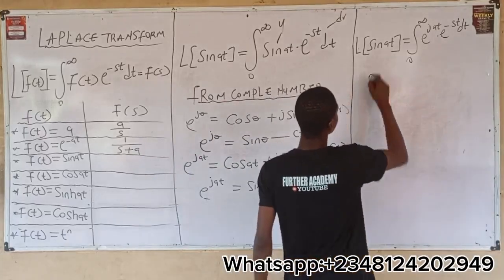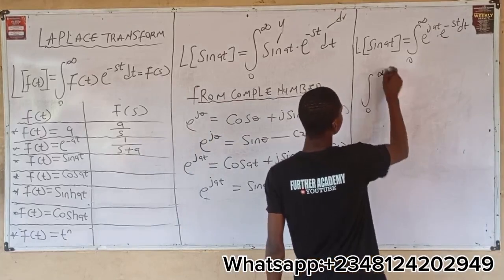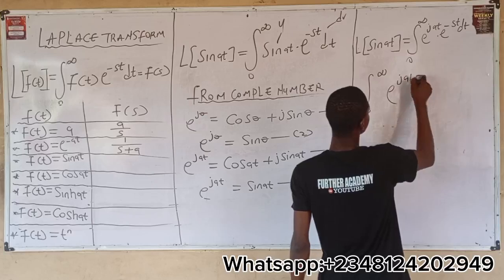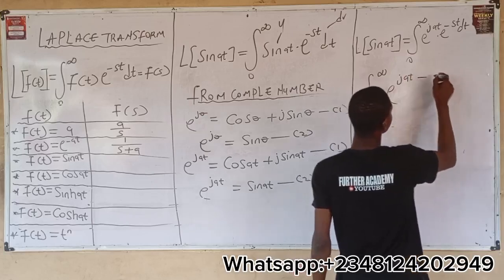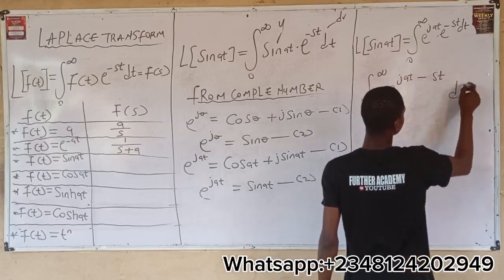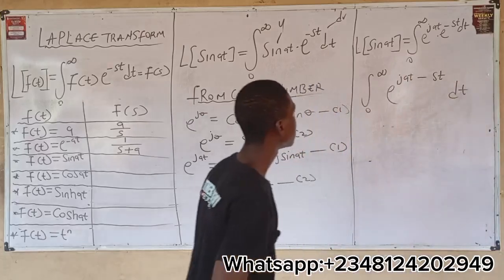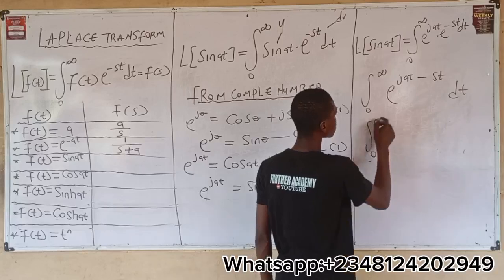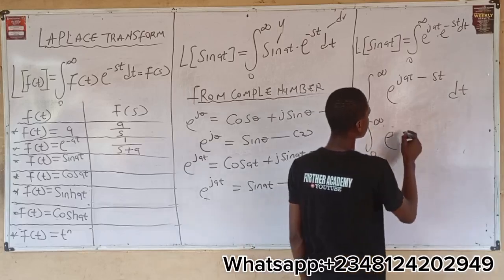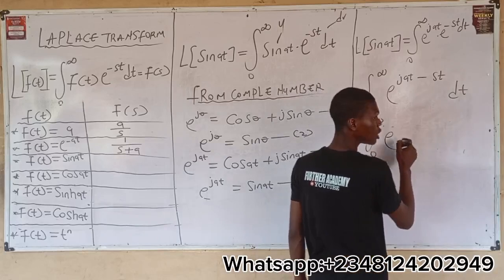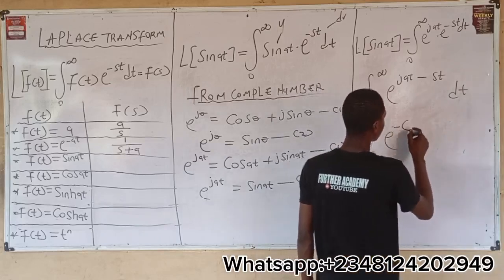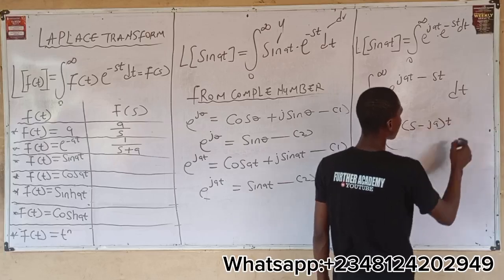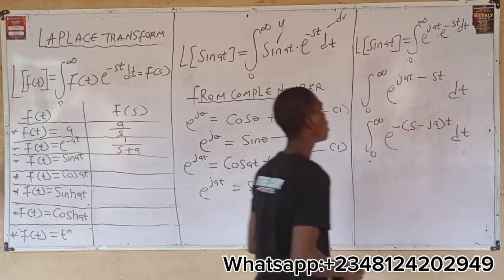I'm having the integral from 0 to infinity of exponential jat minus st dt. Then from here, it becomes the integral from 0 to infinity of exponential negative, all into bracket s minus ja, multiplying t dt. All right.